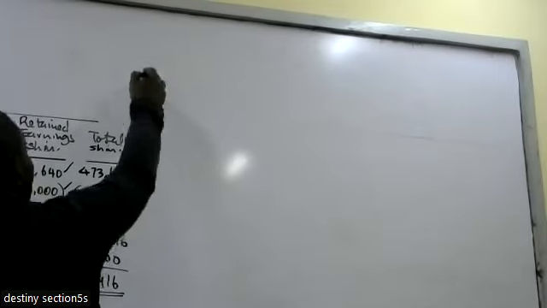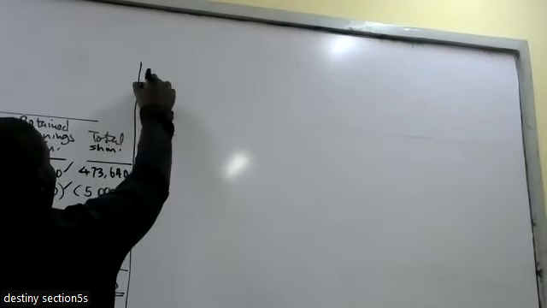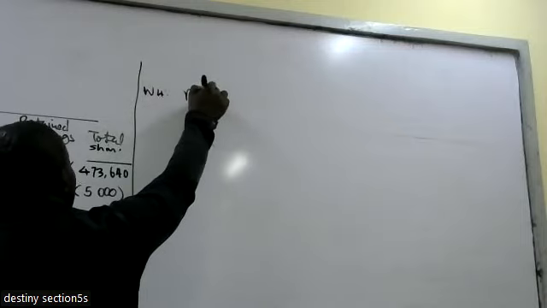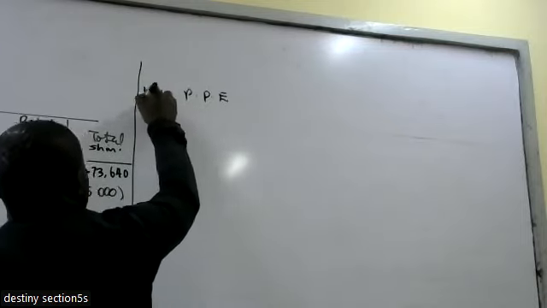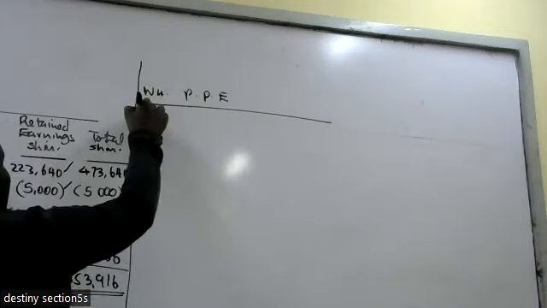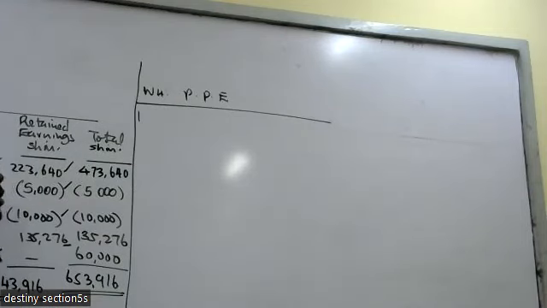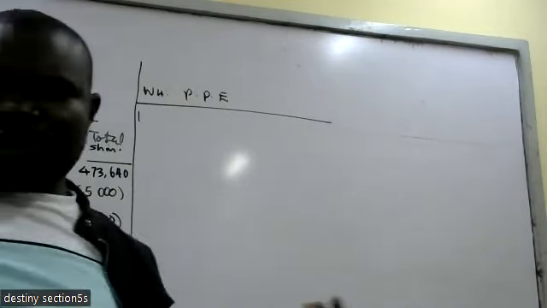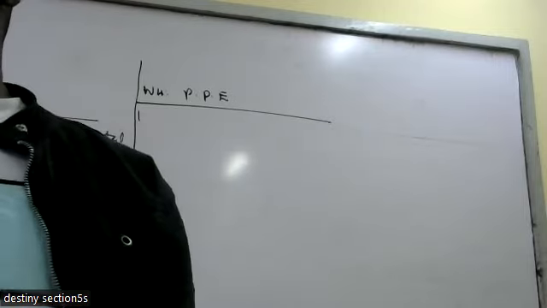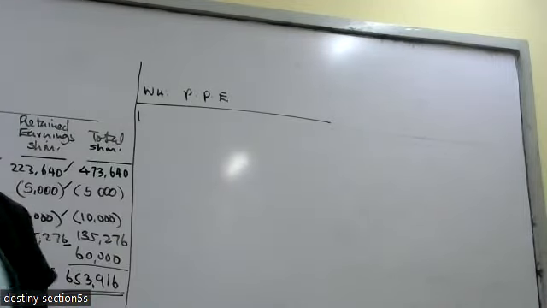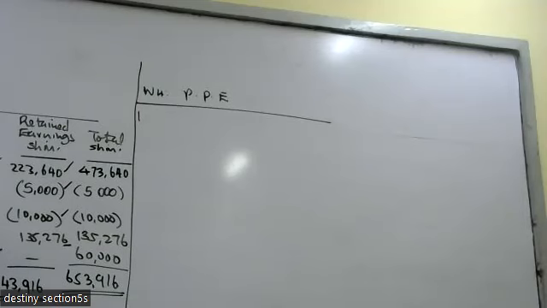First of all I want to bring them at cost, cost minus accumulated depreciation, then depreciation for the year. That's how I want us to do them.